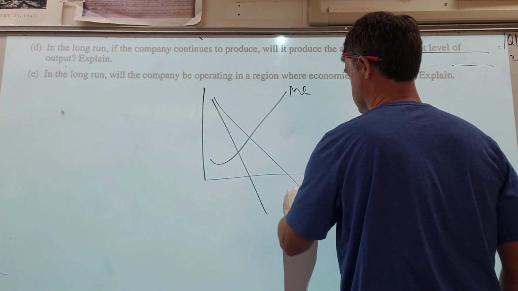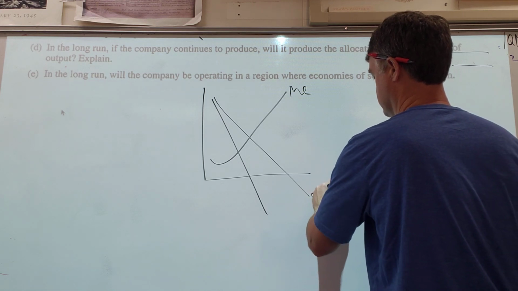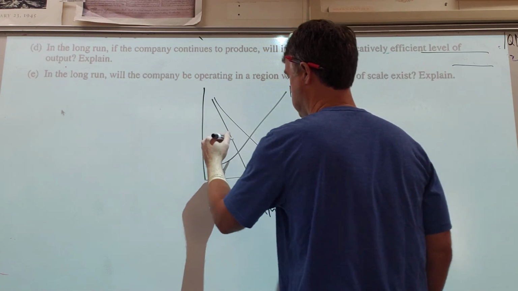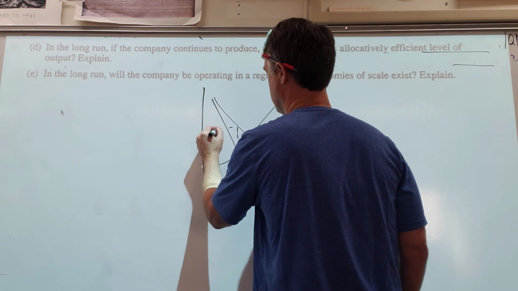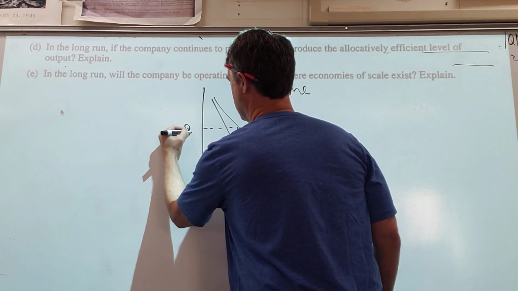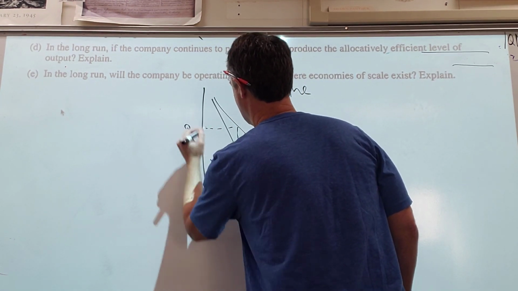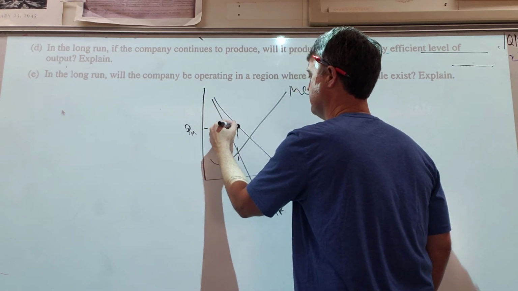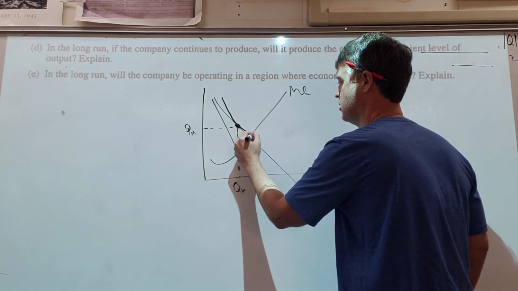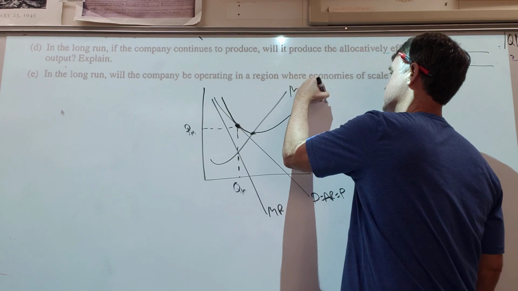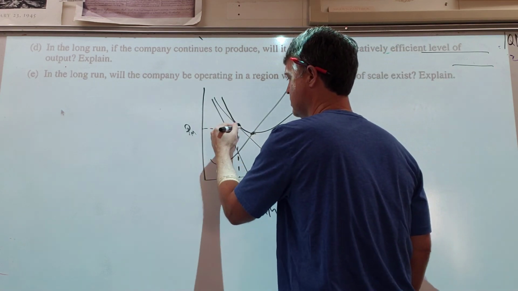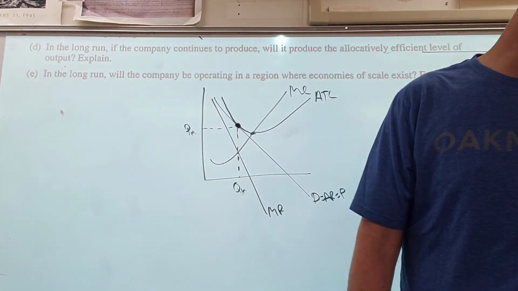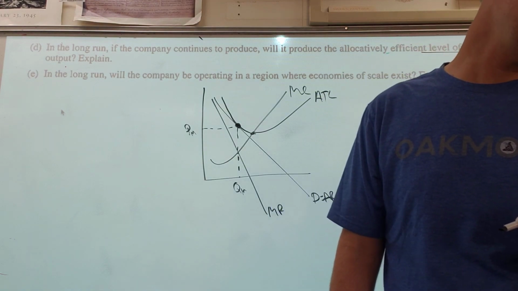But marginal cost, D equals AR equals P, marginal revenue. The price that's monopolistically competitive, the quantity, and if we're at long run equilibrium, here's the important point, here, there, ATC back up.